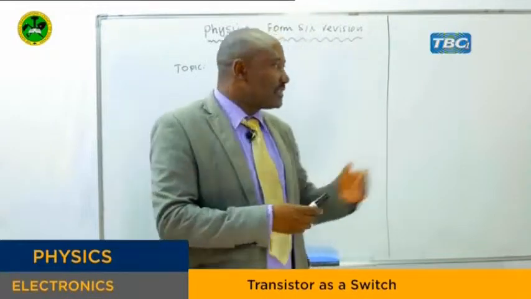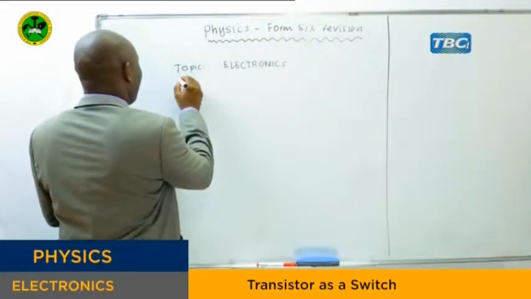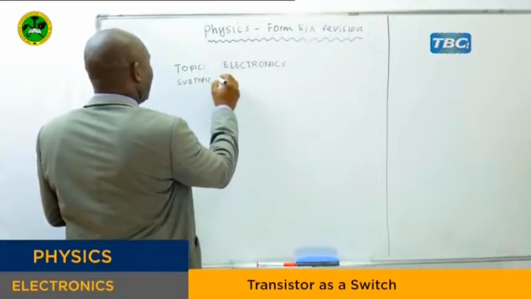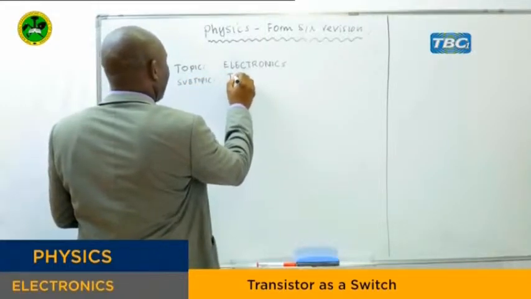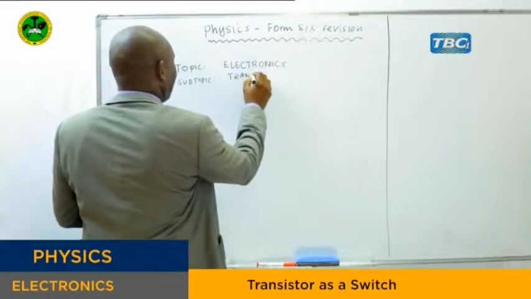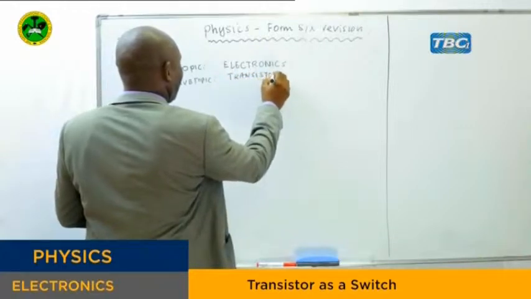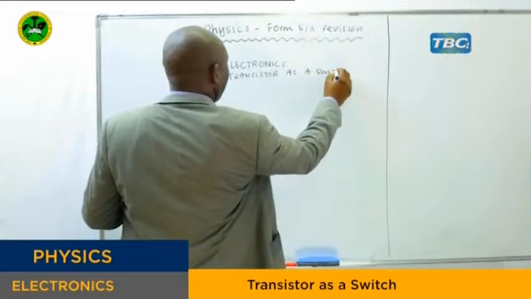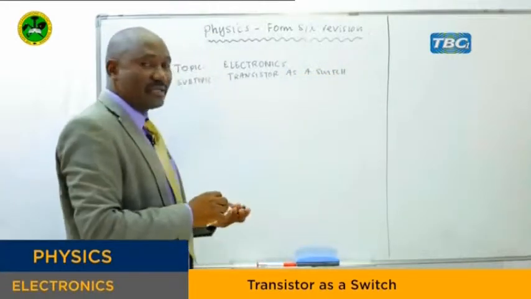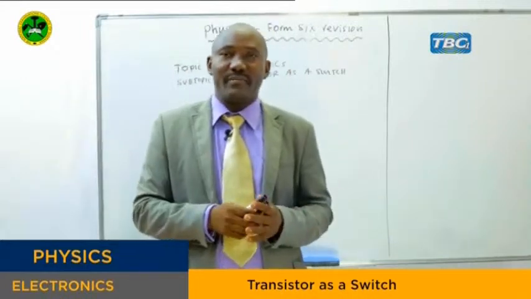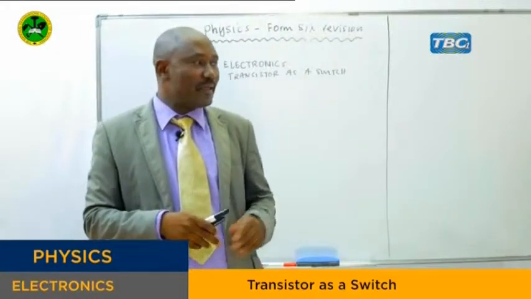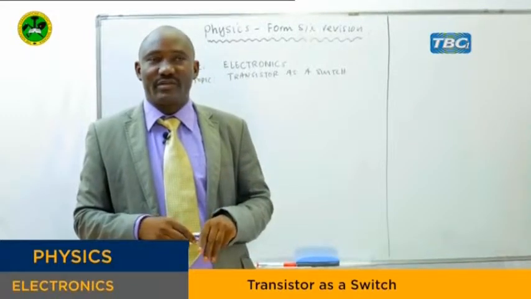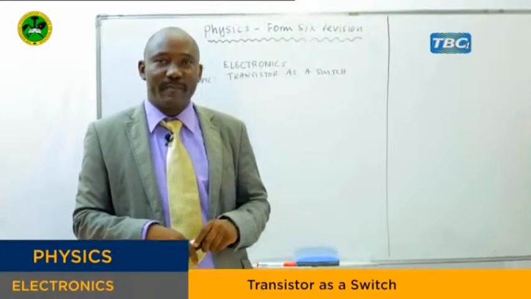So the subtopic of today is the transistor as a switch. If you remember, we mentioned that the transistor can be applied in different parts of our life. One of the applications is that you can use a transistor as a switch, in security systems and alarm systems.